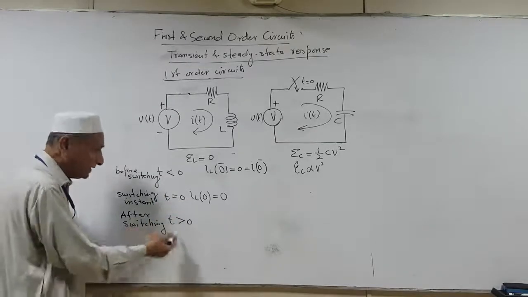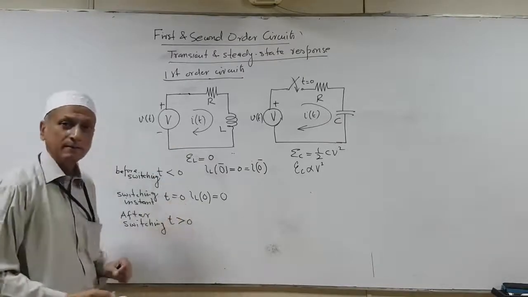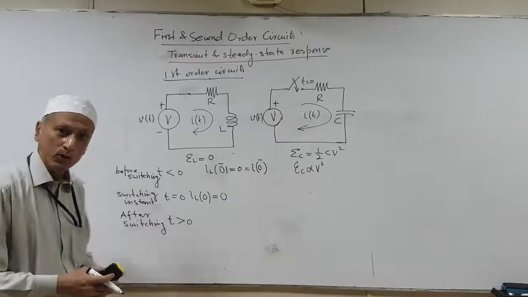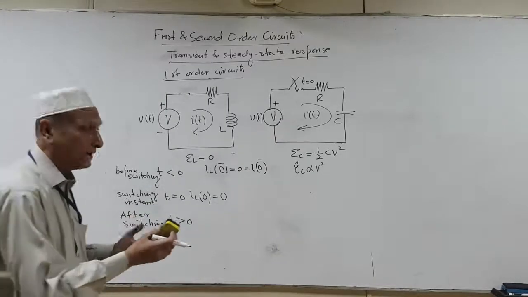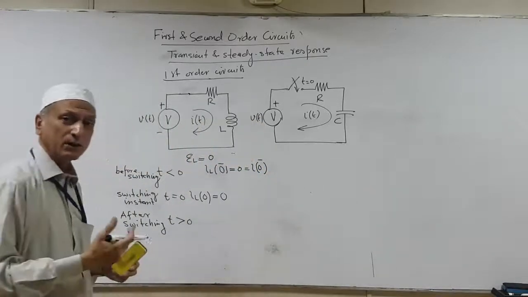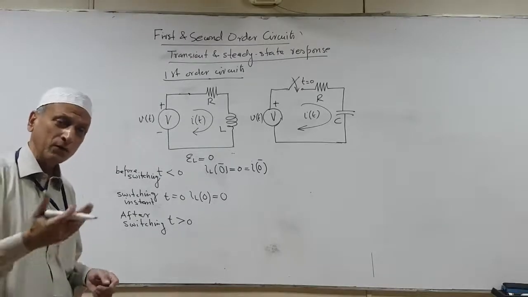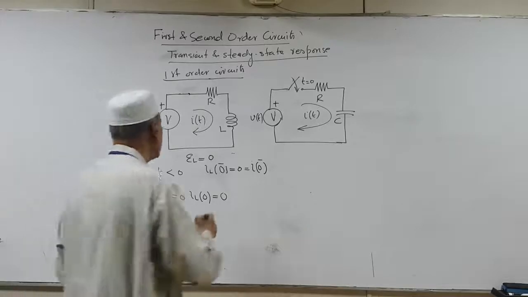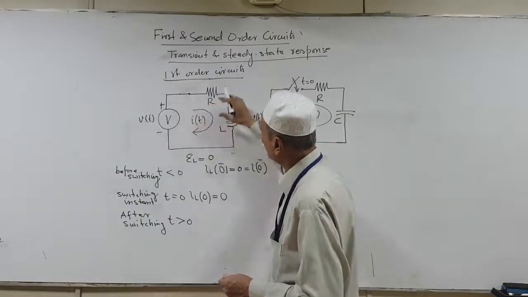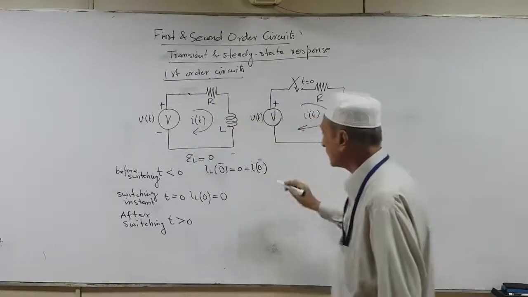Now to have knowledge of the current of the circuit after the switching is done, what will happen? We don't know, but we have to go for some sort of mathematics, and in that case we will be building a mathematical equation based on a first order differential equation, because we are going for time domain analysis. When we close the switch, we can consider this as a single loop with two voltage drops, one across the resistance, v_R, and the other across the inductor.